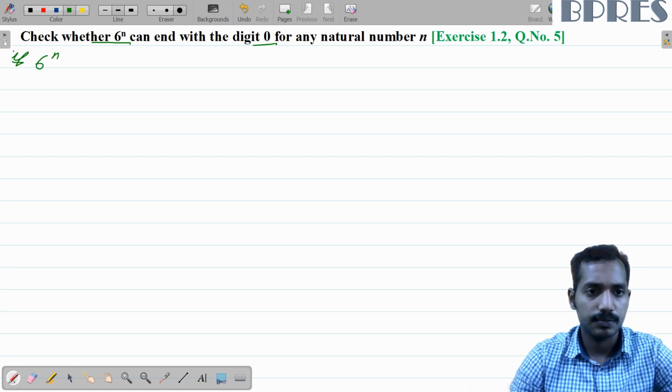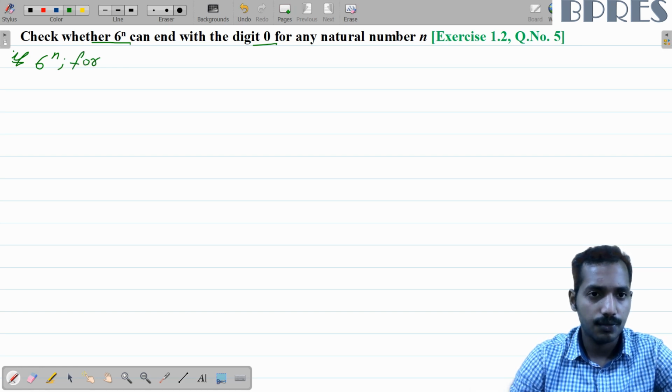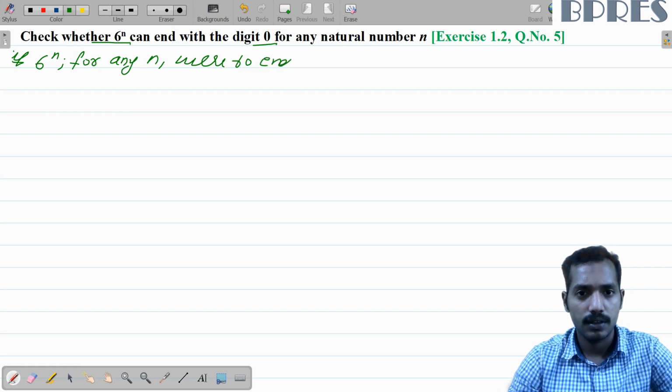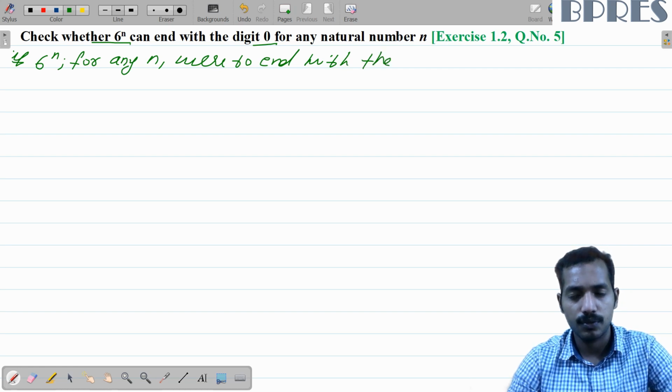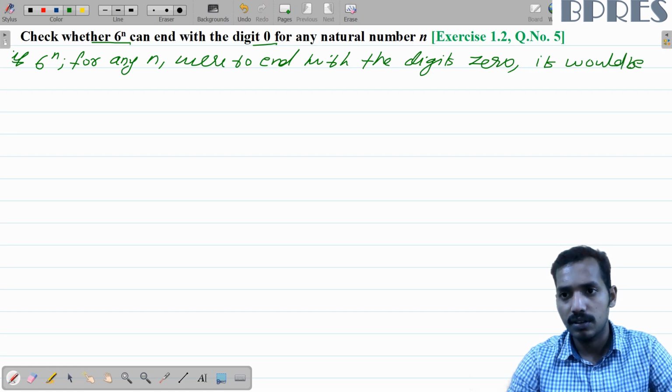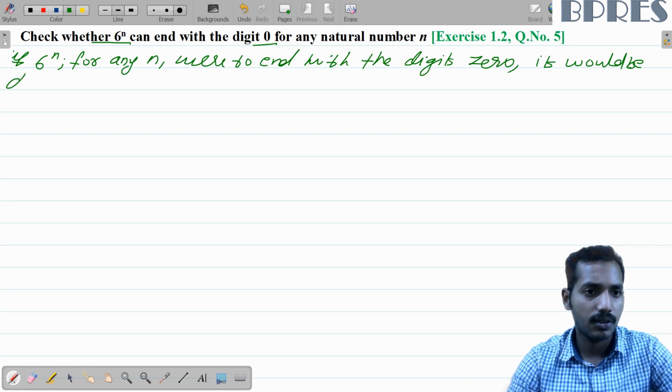If 6 raised to n, for any n, were to end with the digit 0, it would be divisible by 10.